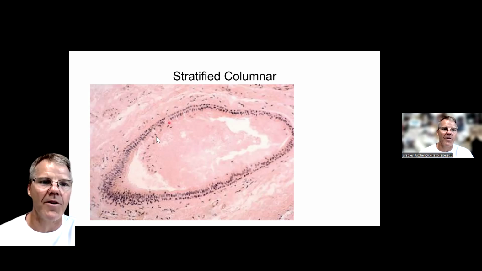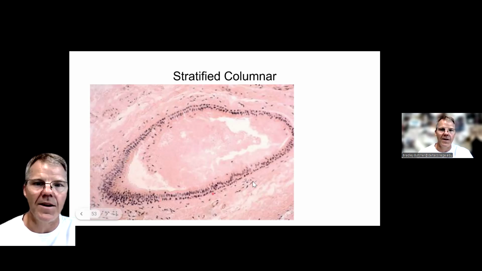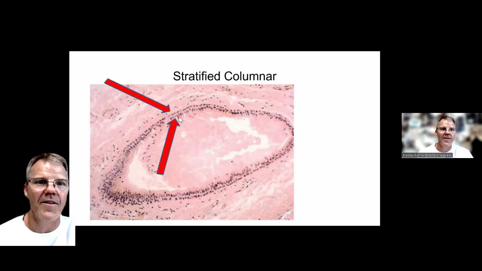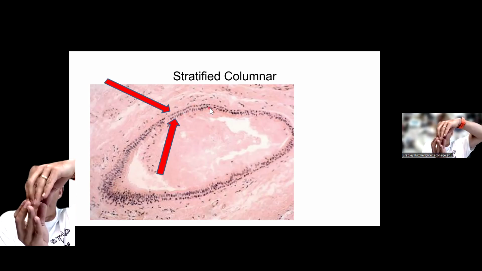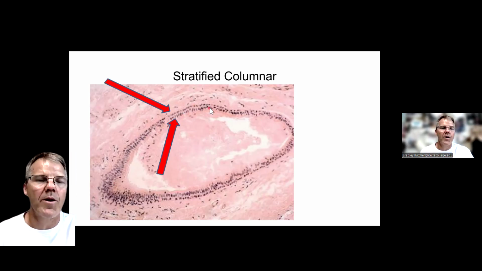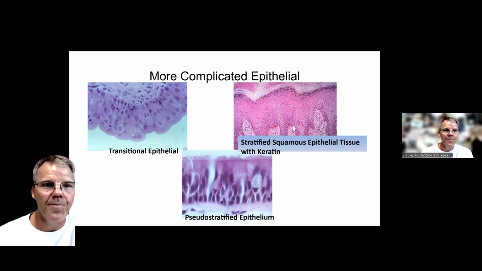Here, again, we can see one layer of cells, and then a second layer of cells on top of it. There's a layer there, there's a layer there. If you look really closely, these nuclei look like little footballs on their ends. So we would call these stratified columnar epithelial tissue.